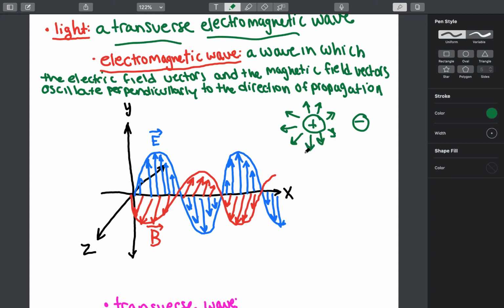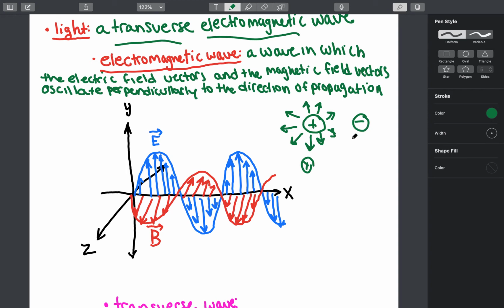So what does this actually mean? This means that if a positive charge approached this positive charge here, the field vectors, or the force, would cause the positive charge to be pushed and repelled away from the source charge. So these lines radiating outward from the positive charge represent the electric field vectors.